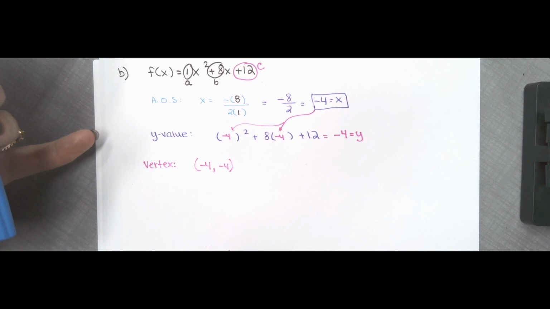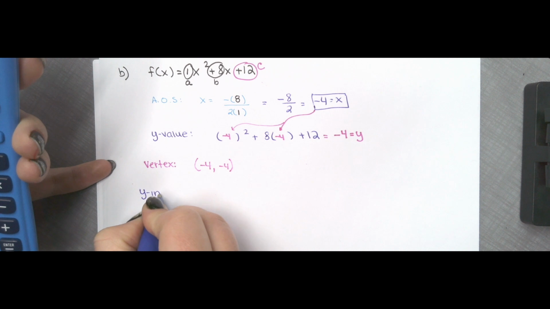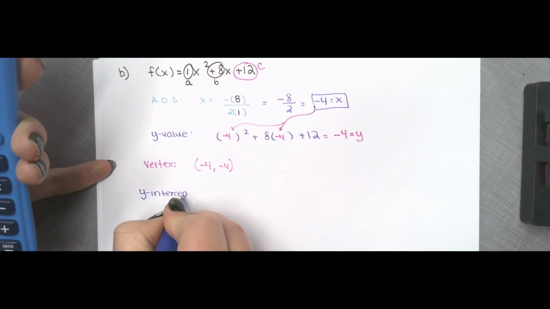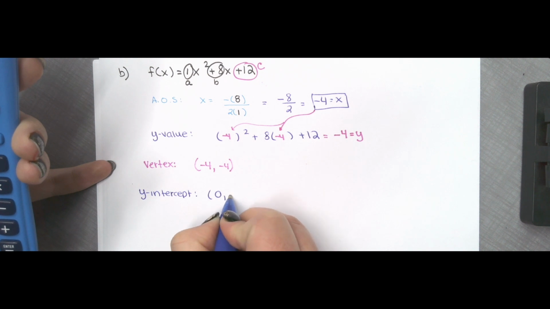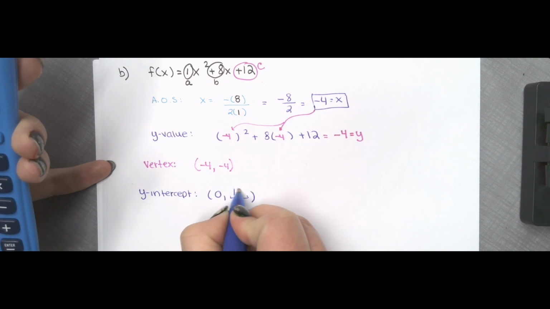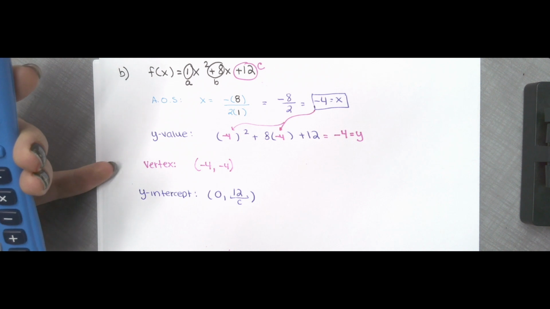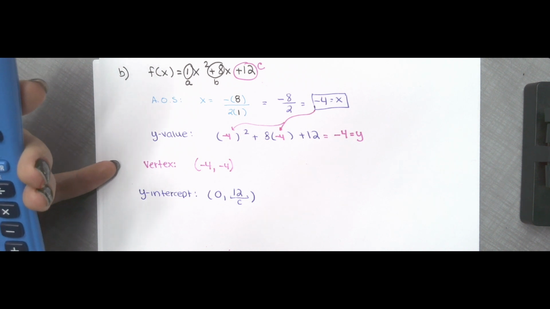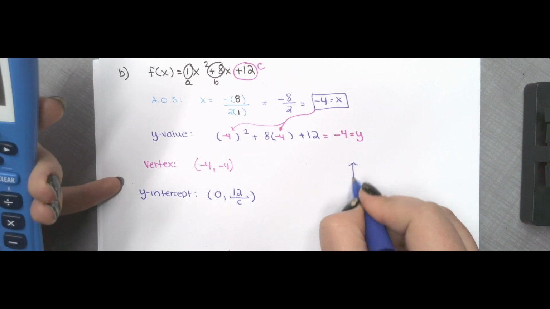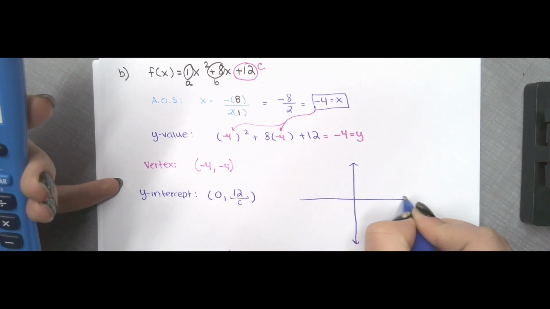Next up, we got our y-intercept. And so for our y-intercept, we're going to have our c value. And our c value was a positive 12. Let's go ahead and graph.